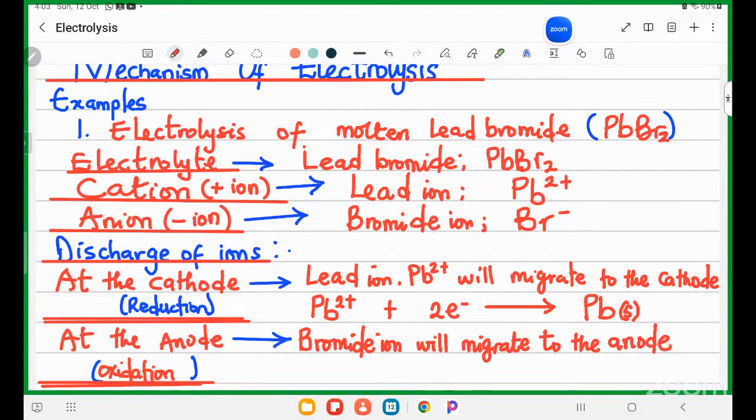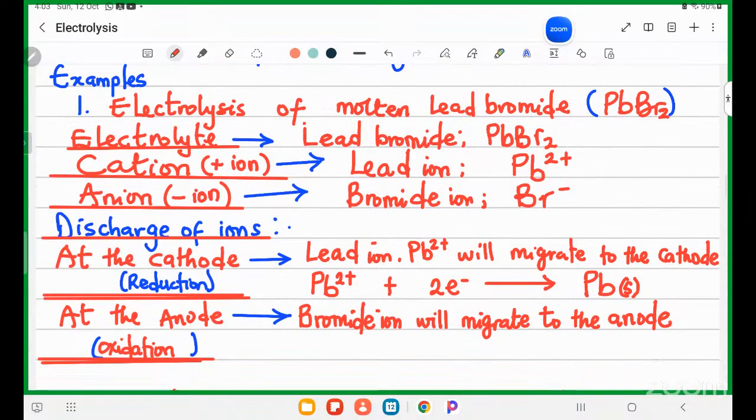So when it migrates to the anode, what's going to happen at the anode? Oxidation. So it's going to lose electron. So on losing electron, we have to write the equation: Br minus is losing electron. That's why the arrow is coming immediately. So to become Br. But this is not stable.